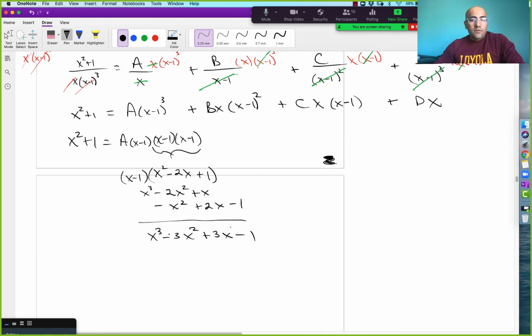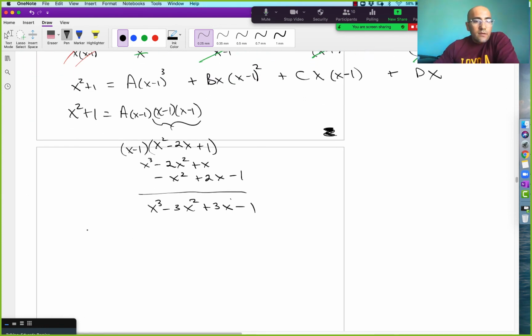So I'm going to just repeat that down here. I'll end up with x squared plus 1 is equal to a times all of this, x cubed minus 3x squared plus 3x minus 1. Good. Any questions? Okay.